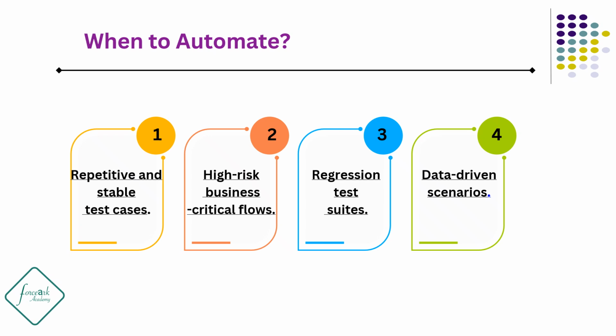So ideal candidates for automation are those that don't change often, like login flows, some checkout processes, and some data validations. Also, if the particular flows are business critical, then they should be automated. If a test case is used often or on multiple data sets or browsers, automation actually adds value.